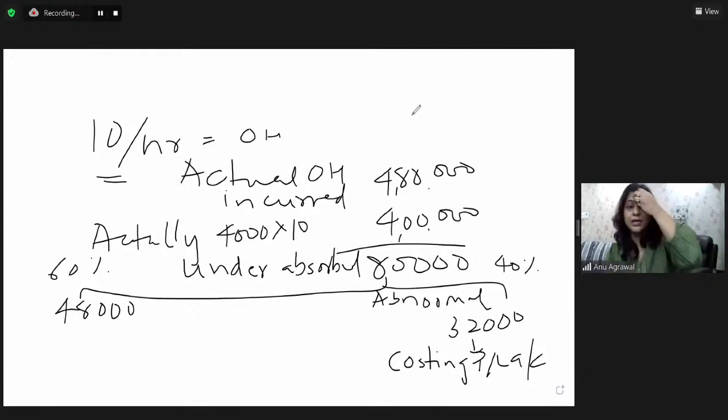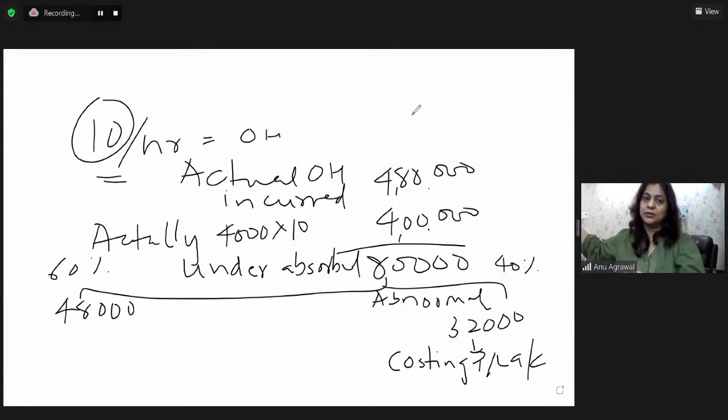We did not have the far-sightedness, or we could not calculate, and we can't do anything about it, because the rate of rupee 10 which I had calculated is lesser. I should recalculate my overhead rate. This 10 rupees rate is not correct, because this 48,000 expenditure is going to happen again also. So I need to recalculate.